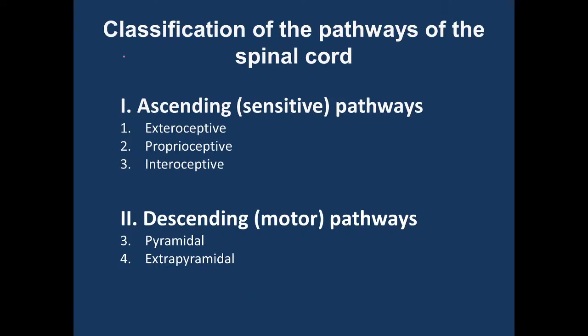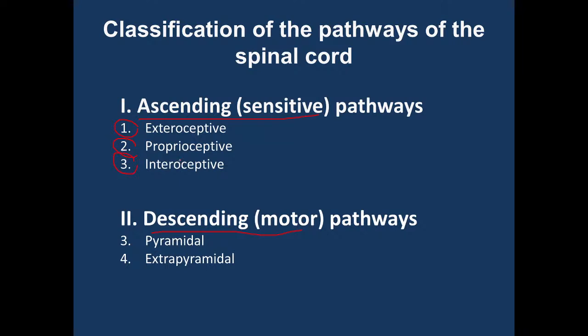This is a classification of pathways of the spinal cord, ascending sensitive and descending motor. There are three groups of ascending pathways: exteroceptive, proprioceptive, and interoceptive.